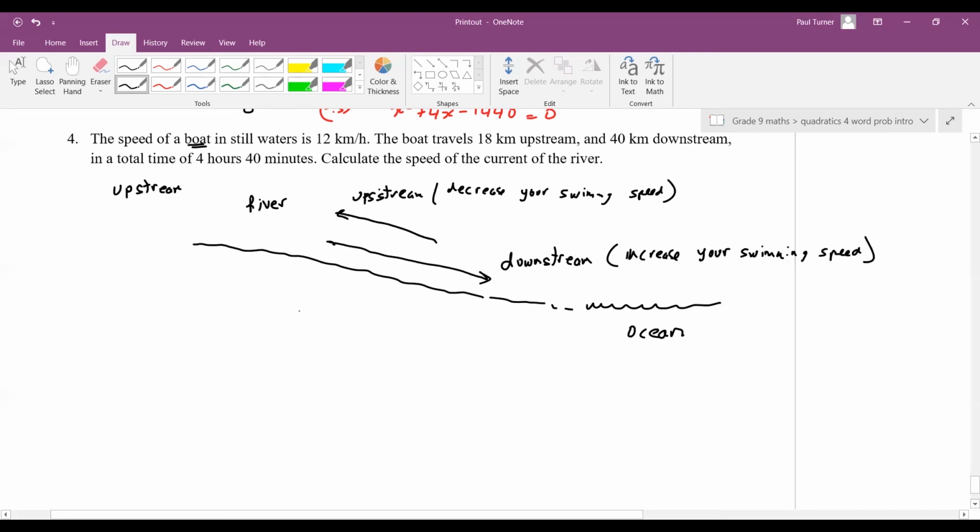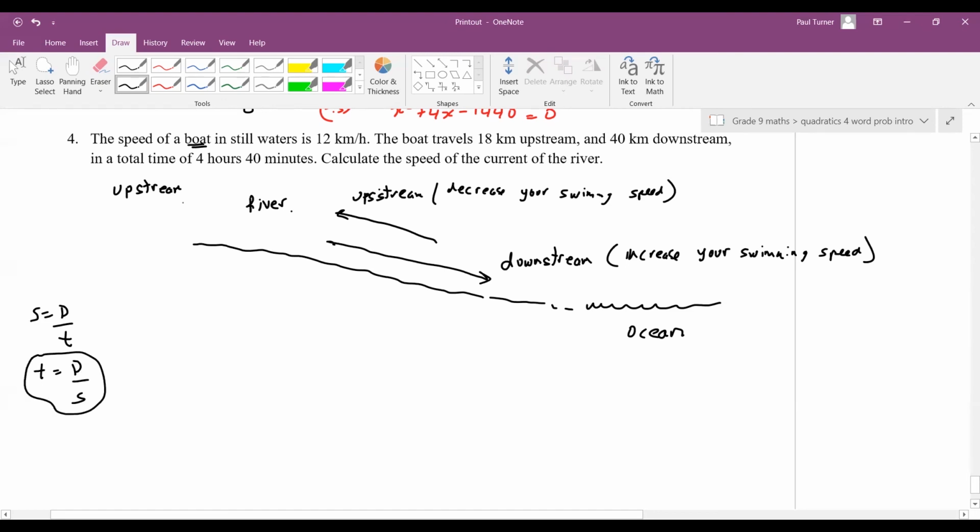If you want to go up, you've got to turn the boat around and put the engine on because you won't get up to the top of the river at all because the water's trying to push you down. Okay, so this is some ideas here. And also speed is distance on time. Time is distance on speed here. So we'll keep that in our mind again.